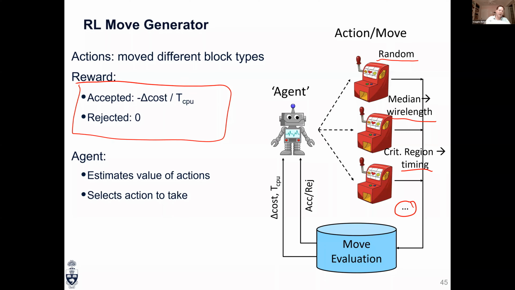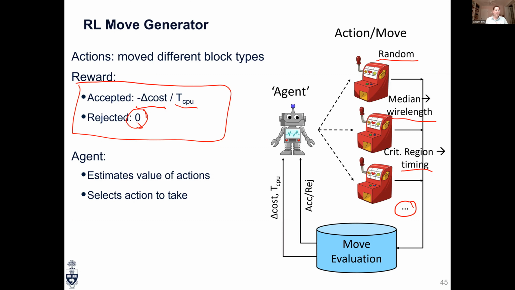So we care about how much we improve things, and also how long it took us to evaluate that move. We actually found it was better to not penalize the move generator when it didn't find an improvement. We just gave it a reward of 0. If we gave it a negative reward when it proposed a move that was not taken, then it didn't try enough hill climbing. So we tended to find that this was better.